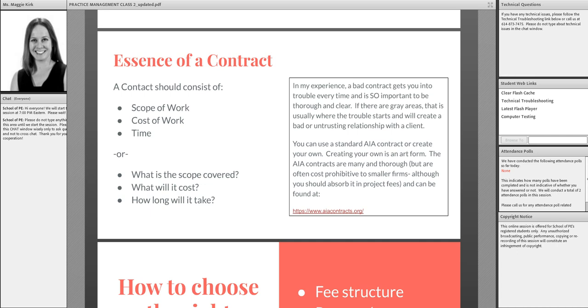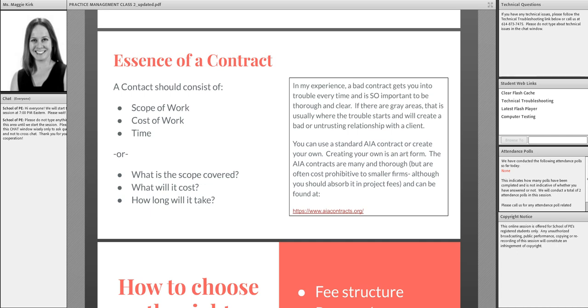Whereas the AIA contracts are many. There's a lot of them for every single situation there is out there, and they're very, very thorough. The only problem in my experience with them is that for smaller firms, they tend to be more cost prohibitive. Although that's something that should be absorbed in the project fees.